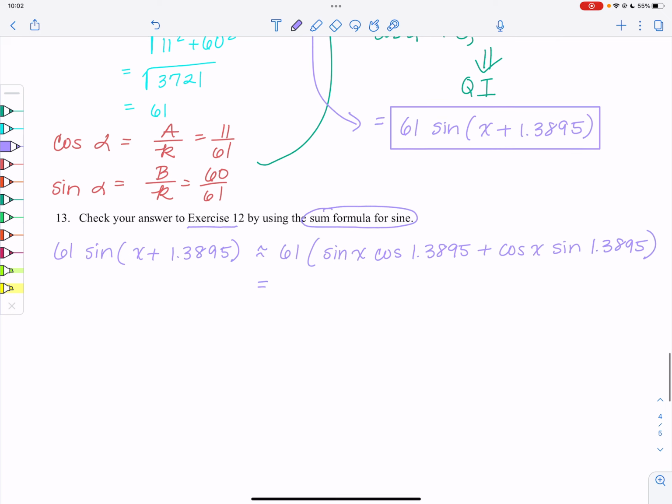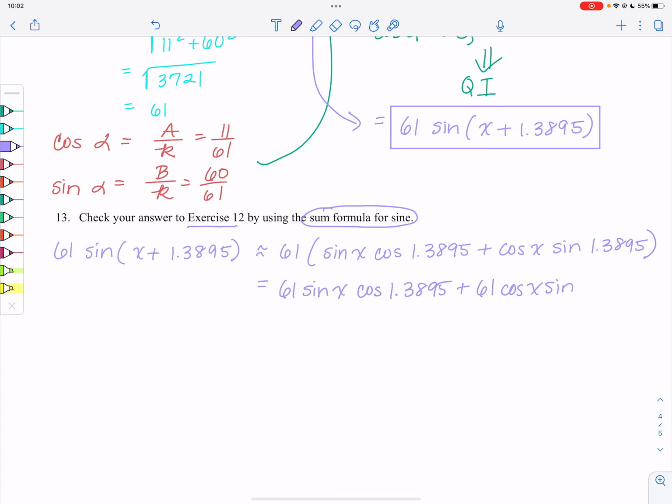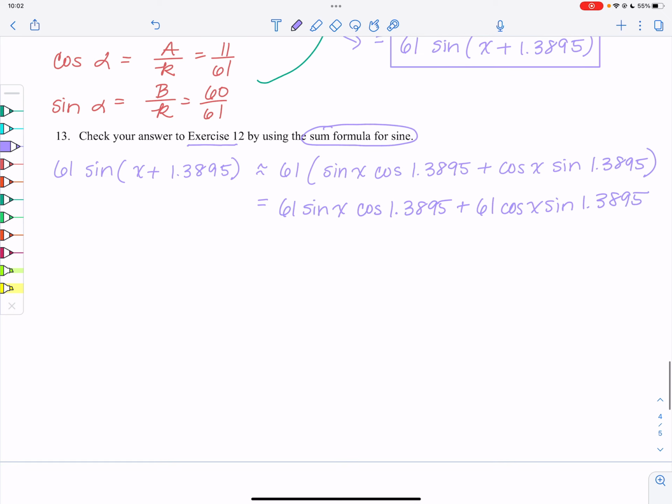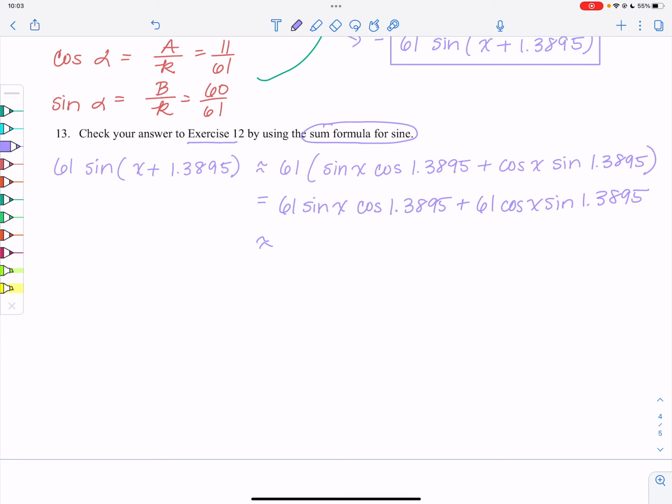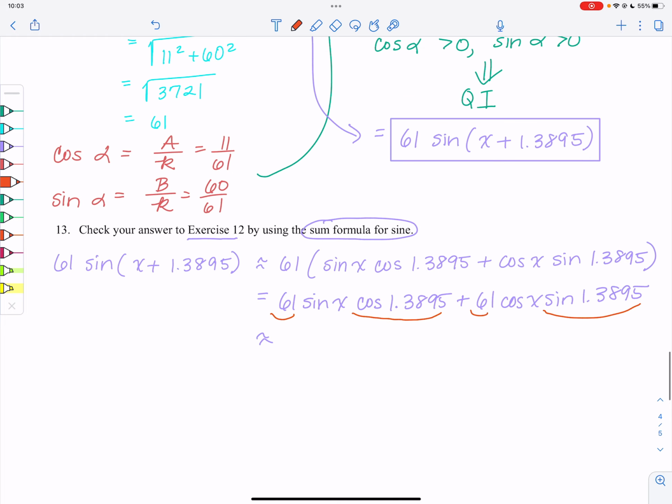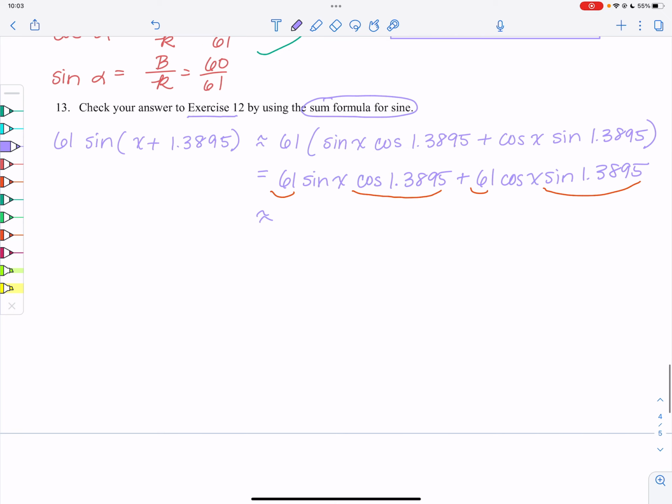and that's equal to 61 sine of x cosine 1.3895 plus 61 cosine of x sine 1.3895, and that's about equal to, so we are just coming up with 61 multiplied by that cosine, 61 multiplied by the sine, and we come up with 10.9986 sine of x plus 60.0003 cosine of x.